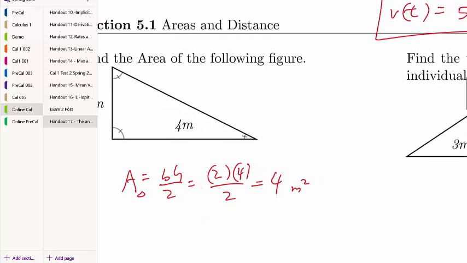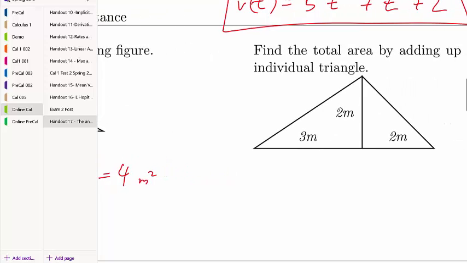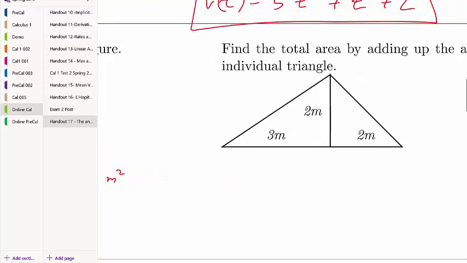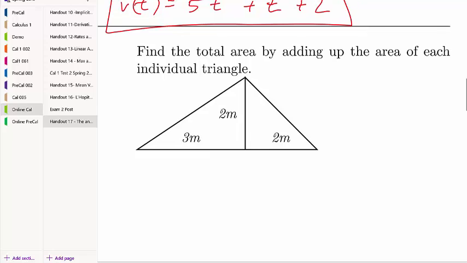And now we've got to find the area by adding up the area of each individual triangle, because you can do that. You can break areas up. This is going to be something we're going to be doing soon. So you just have the area equals area 1 plus area 2, simply broken up.